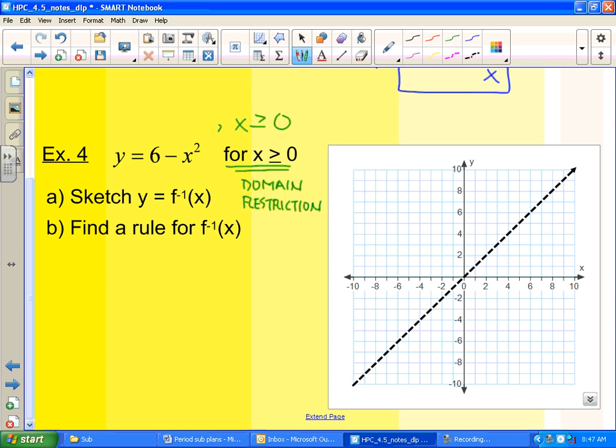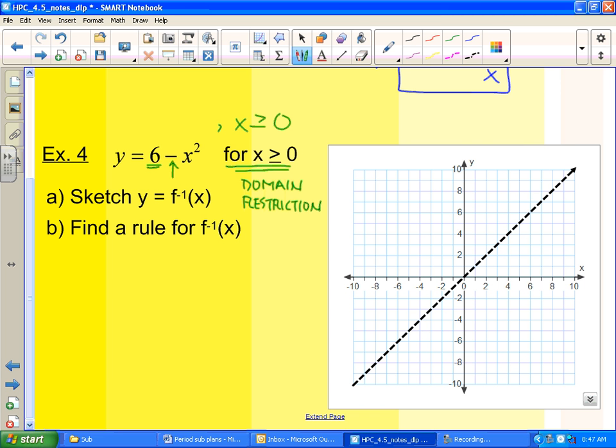If I didn't have that greater than or equal to 0, and I just graphed y equals 6 minus x squared, once again I would have a situation where I do not have a function that passes the horizontal line test. So real quickly, if we sketch this 6 minus x squared without the domain restriction, this is a graph that is moved up vertically 6.